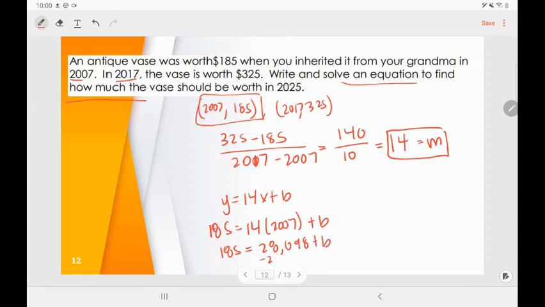I'm going to subtract that from both sides. 185 minus 28,098 equals b, which is negative 27,913. Now remember to write your equation. That's what I finally want.